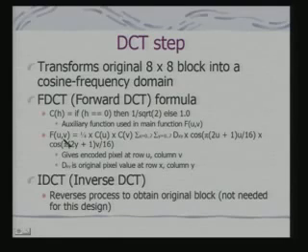The whole idea is that if I do this frequency domain transformation, I shall have the energy concentrated into a few coefficients. In an 8 cross 8 block, I have 64 values. If I do a frequency domain transformation and consider, for example, an image block which consists of a single color.